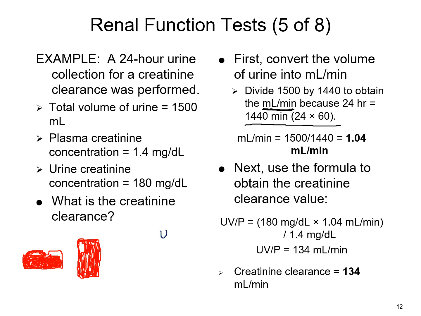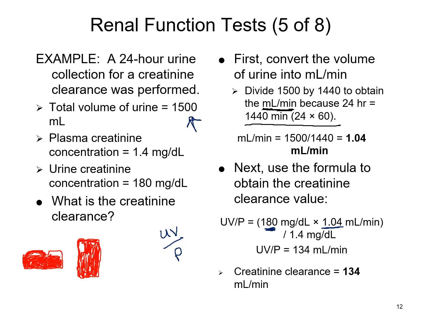Remember the formula we had, UV over P. We have 180 milligrams, which is our urine concentration. That's how much of the creatinine we've got in that urine when we pulled off that sample and tested it, with 1.04 mLs per minute, which was our calculation from our total volume here.